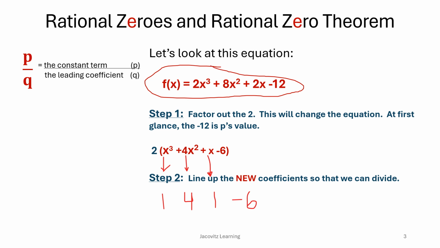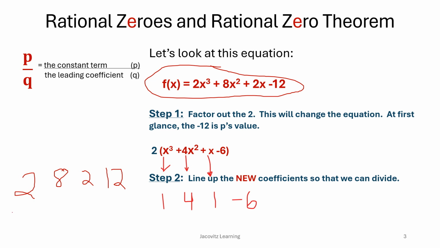First of all, we're going to factor out the 2 to make this as less complex as possible. If you don't factor out the 2, then to start your division you'd write your numbers as 2, 8, 2, and 12. There's nothing wrong with that, but that complicates things.